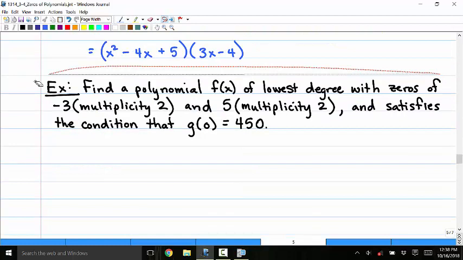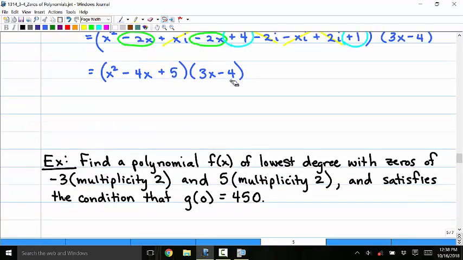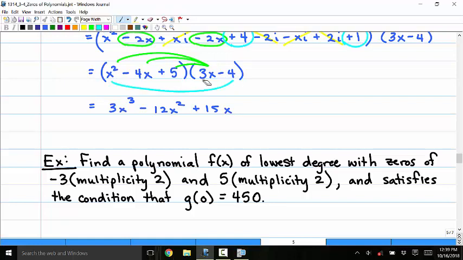We're going to distribute it again. So the 3x, I'm going to do that times all 3 things. I get 3x cubed minus 12x squared plus 15x. Then I'm going to take that negative 4 and hit it with all 3.